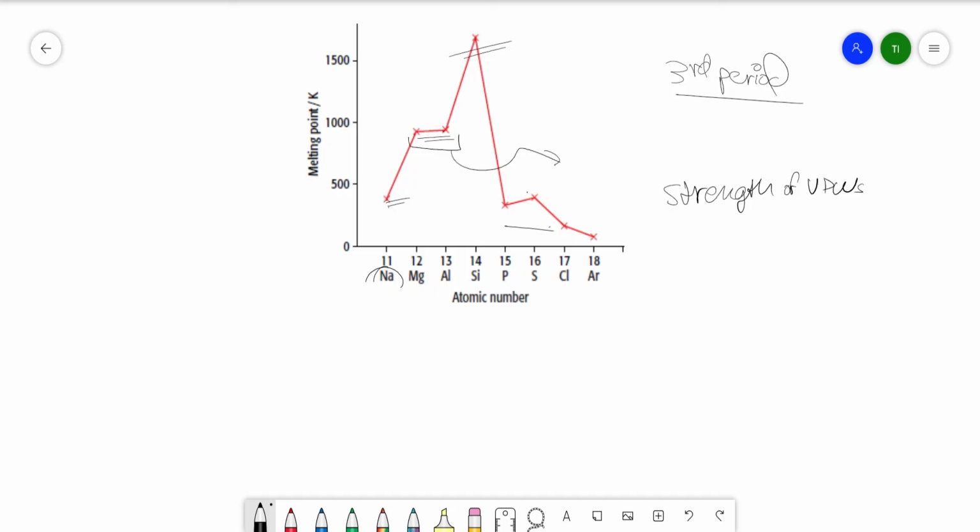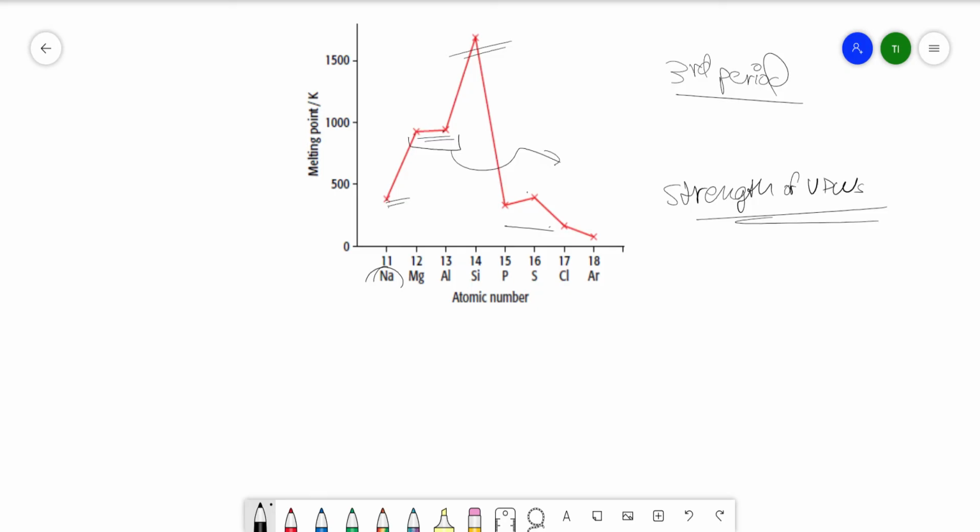In their original form, they won't have any other IMFs than van der Waals because they are not polar, since they're the same atoms and therefore no bond polarity is established, and they cannot have hydrogen bonding either because they're not directly bonded to a hydrogen atom, right? Therefore, everything is because of the strength of van der Waals.